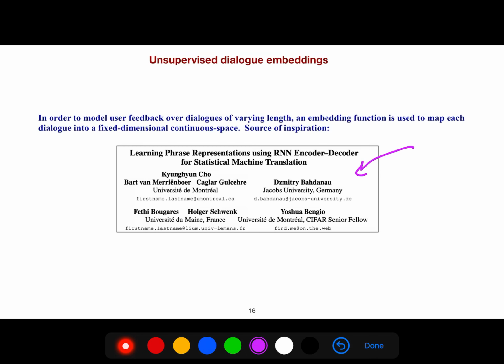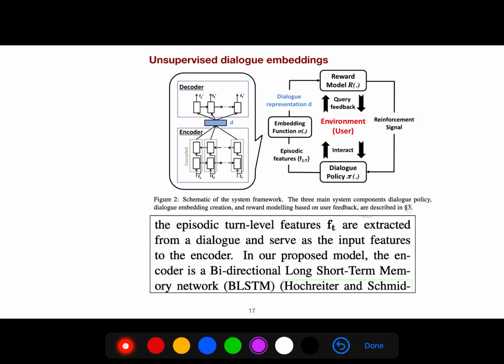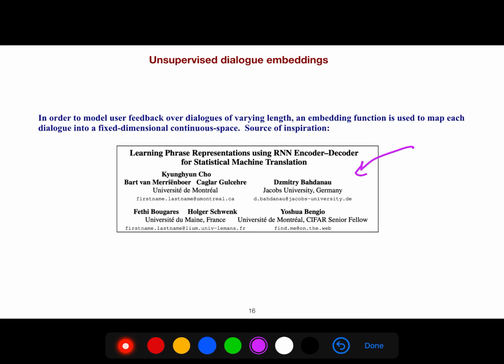This is inspired by this article, which uses the same idea, because in language and machine translation they have done this before. So this is the source of inspiration. They wanted to model user feedback over dialogues, because we want to map each dialogue into a fixed-dimensional continuous space.